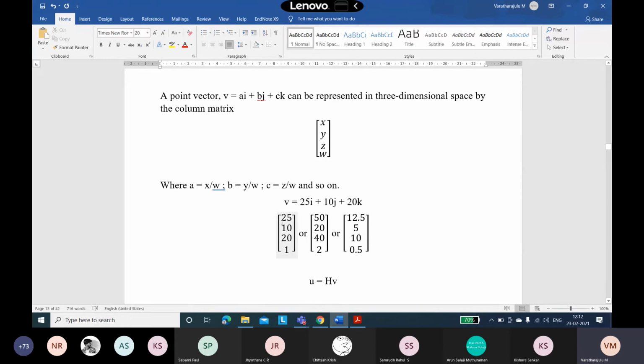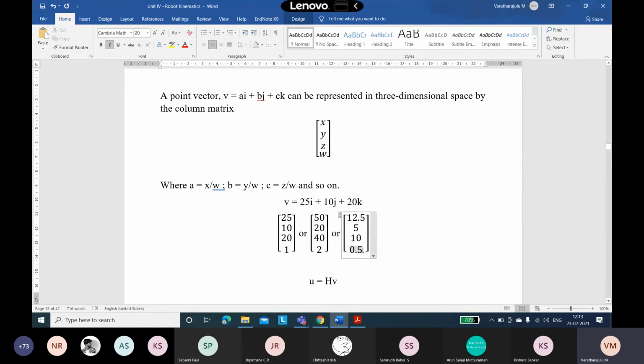Take 25, 10, 20, and if the weight factor is 1, we can take the given system as it is. Or else, if we are willing to keep the weight factor as 2, we need to multiply the system X, Y, Z. That is, instead of 25 we take 50, instead of 10 we take 20, instead of 20 we take 40.